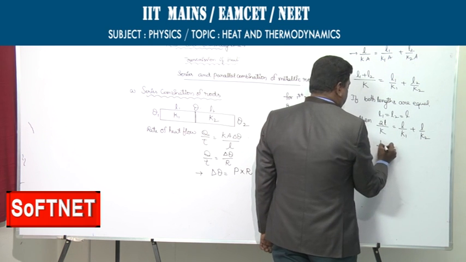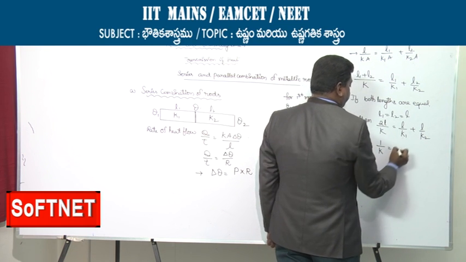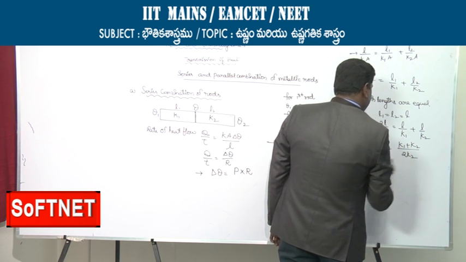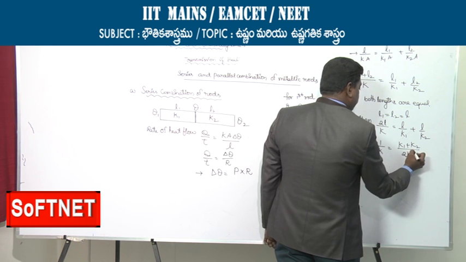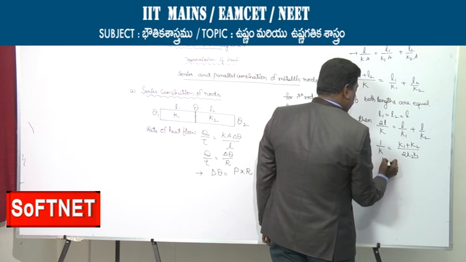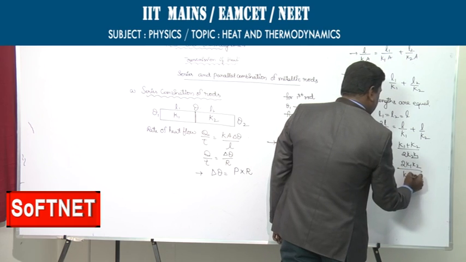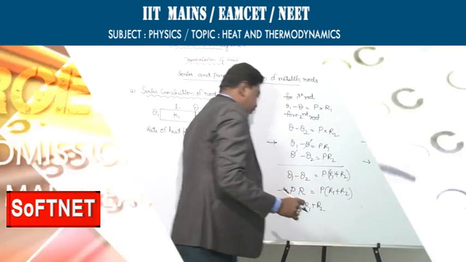We get 1 by K equals (K1 plus K2) by 2 K1 K2, or simply K equals 2 K1 K2 by (K1 plus K2).